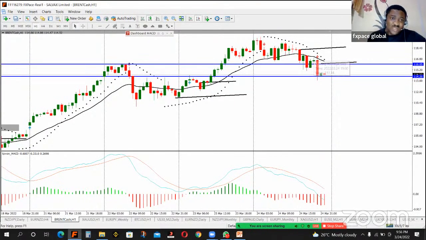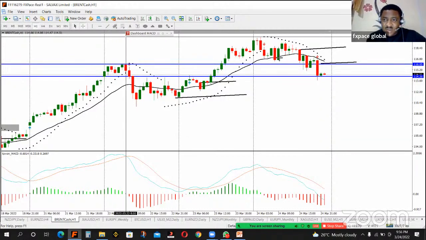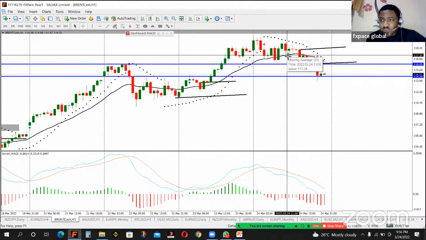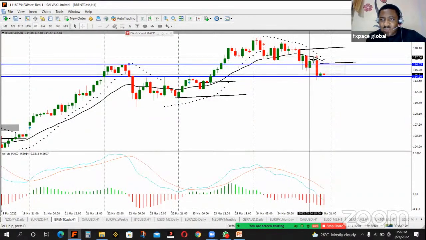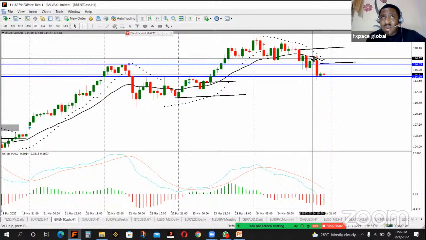If you calculate how much it is here, let me show you. This is 117 per barrel, and this one is 116 per barrel.